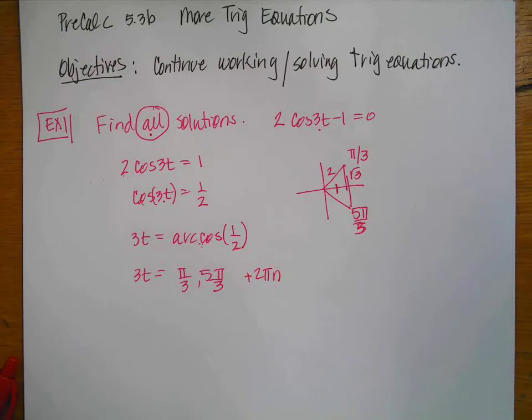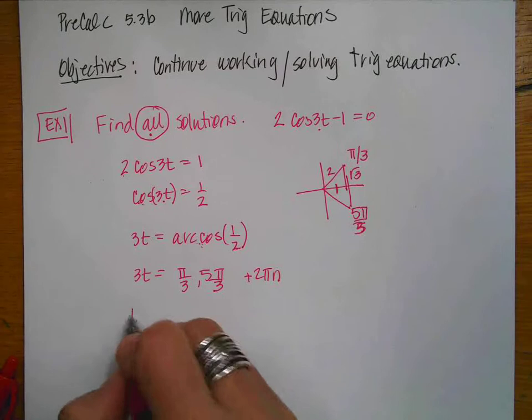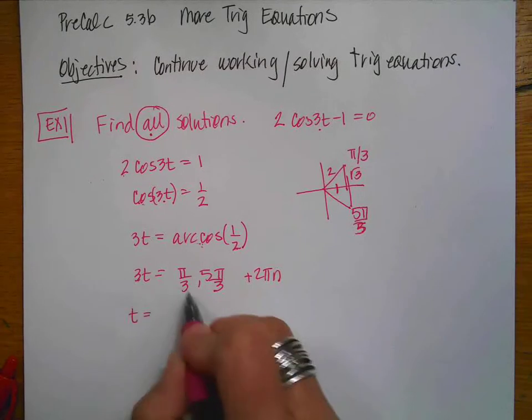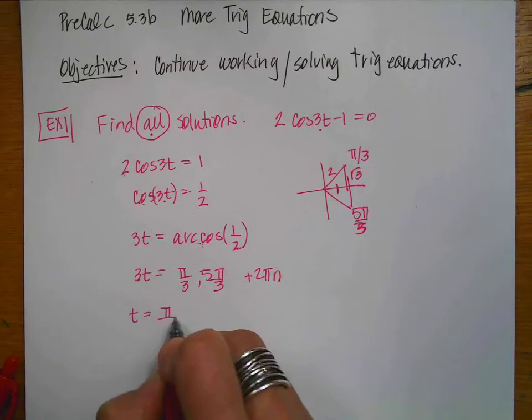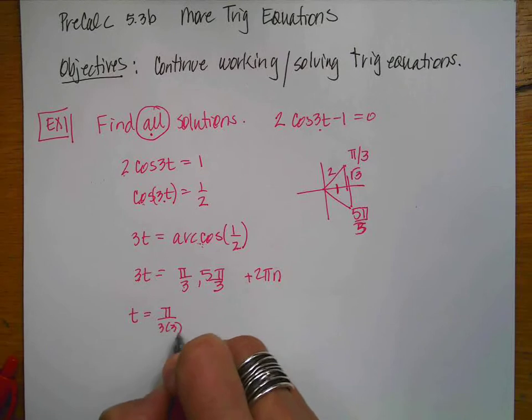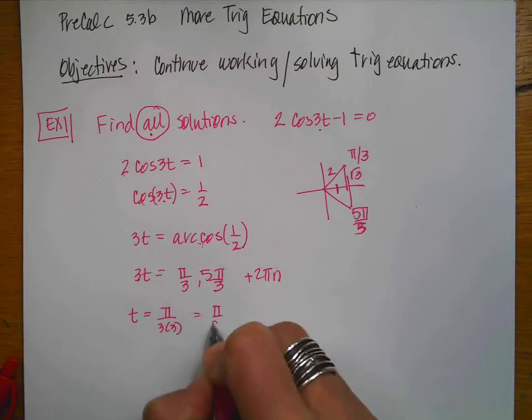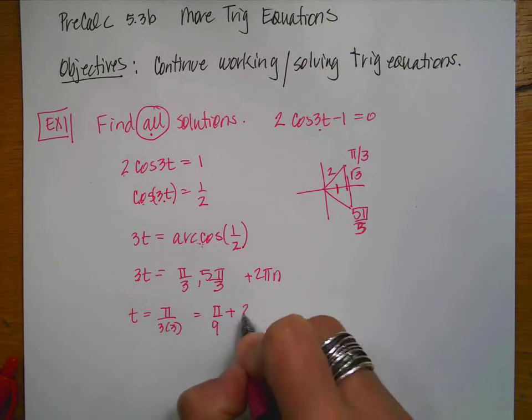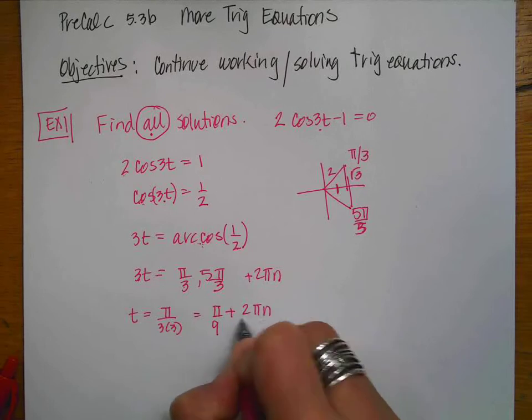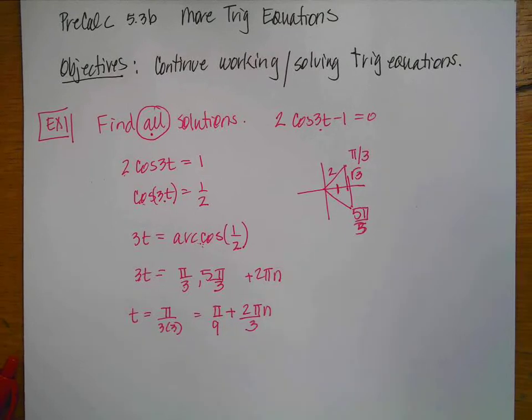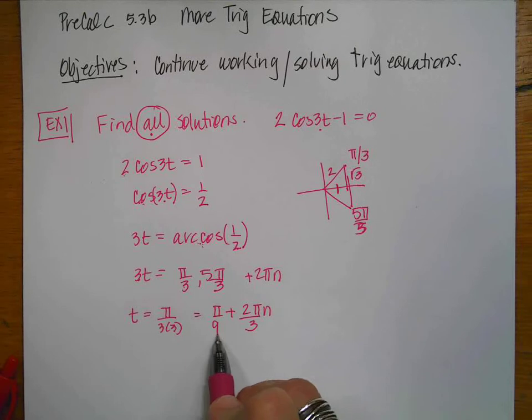And now's when the problem gets a little bit more entertaining. Now I have to manage this 3, so I'm going to take pi over 3 and divide it by 3. And so I'm going to get pi over 9. But when I do my 2 pi n, I also have to divide that by 3. And so one of my solutions would be pi over 9 plus 2/3 pi n.